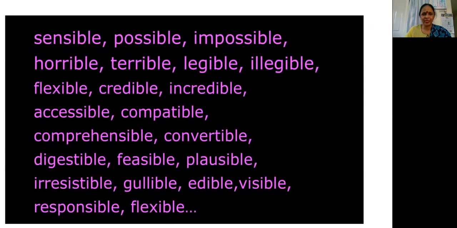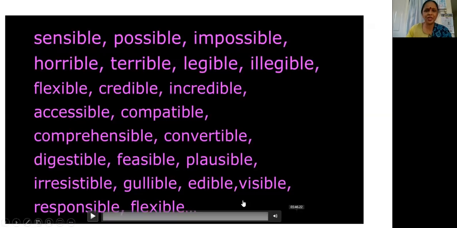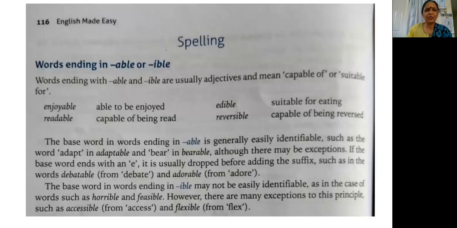Well, students, I hope you have understood the usage, when to use ible or when to use able. Both mean the same, but there are more than 900 words with able because that comes from French. From Latin, very few words have come. So words that have Latin origin are very few, around 200 or less.